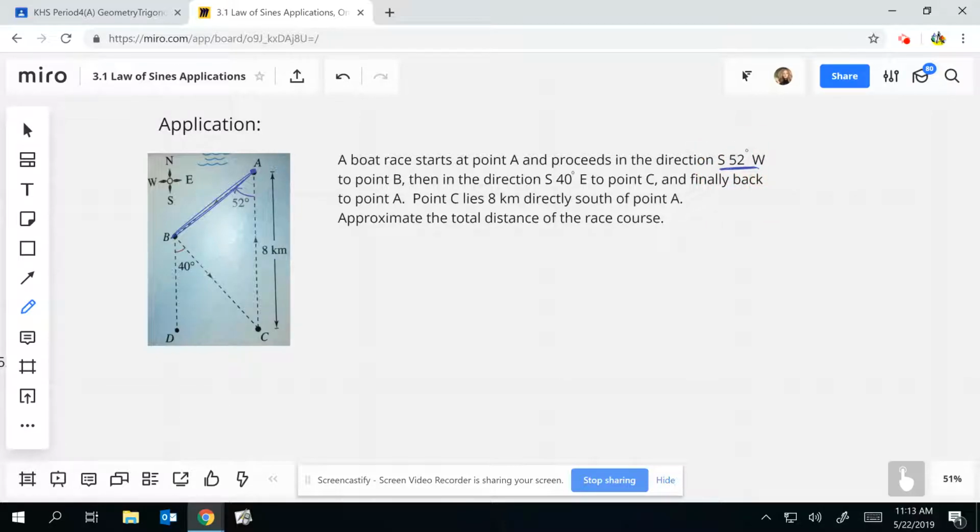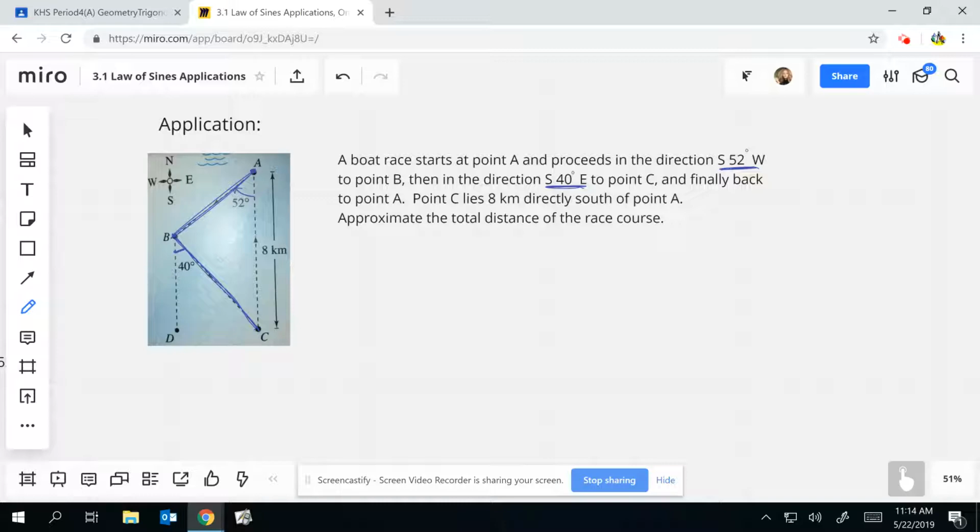Then they get to B, which is probably marked with a buoy or something, and they make a turn down to point C. That turn is from the south, 40 degrees towards the east. South 40 degrees east.